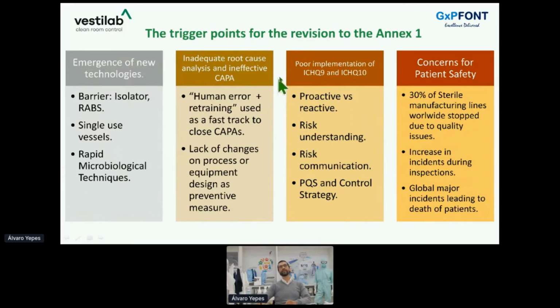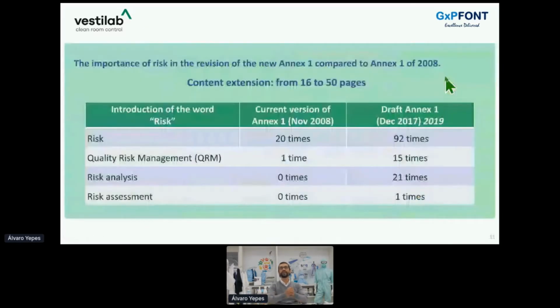Also, the poor implementation of quality risk management in various aspects, from being too reactive to blaming, far too many times, human error for the problems instead of revising the robustness of the process. And as said, the safety of patients. So we are now expecting that the new Annex 1 is issued next year in summer, after several public revisions.